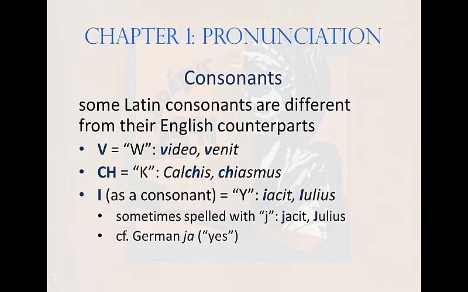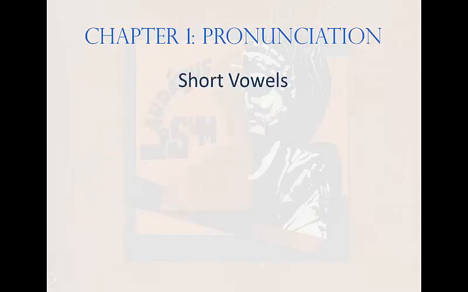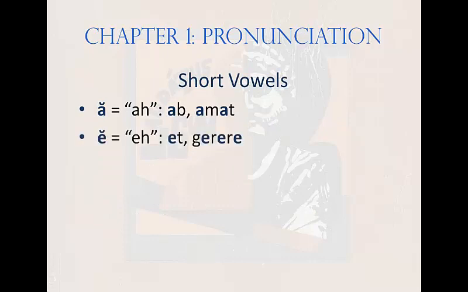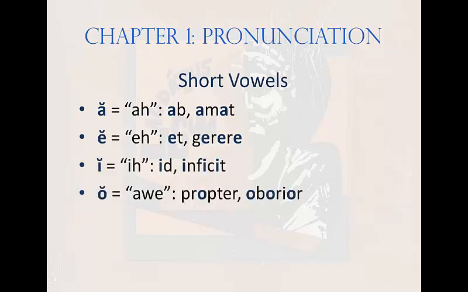Latin vowels come in one of 2 varieties, long or short. The short vowels are as follows: A, as in ab or amat, E, as in et or gerere, I, as in id or inficit, O, as in propter or obrorior, U, as in muscus or uncia.